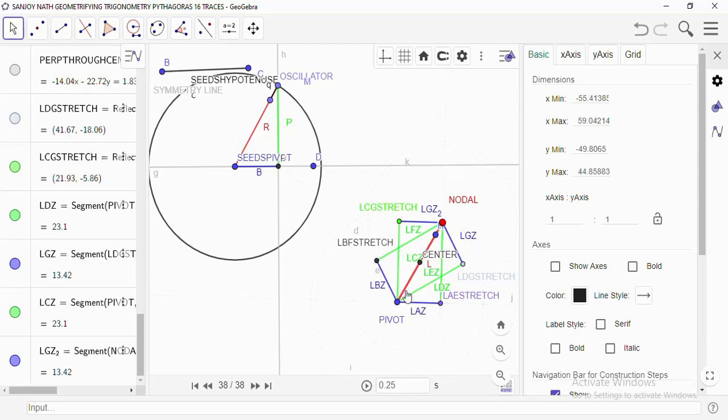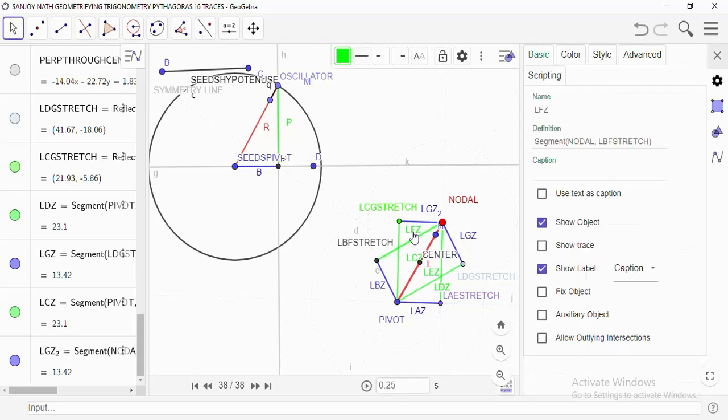Now suppose this is the seed angle, and for A the corresponding complement line segment is LEZ. For LBZ, that is cos theta, again blue, which is the base, the triangle is this one, so its corresponding complement is LFZ, which is sin theta. For B it is F.